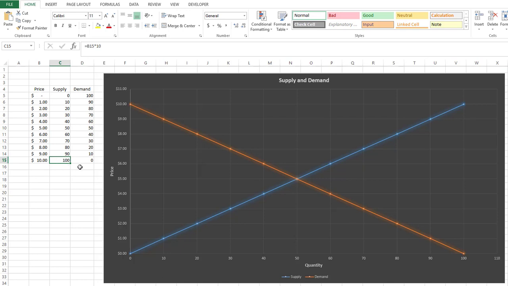But at that price, nobody wants to buy a hamburger because there's probably other food that is cheaper.